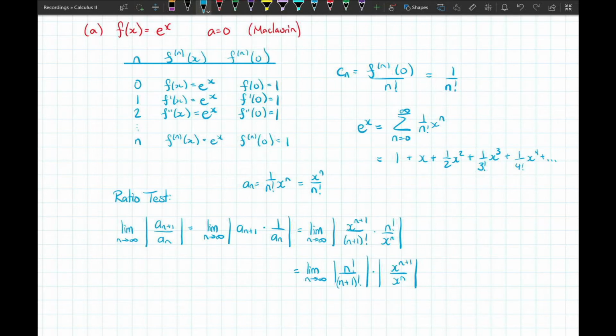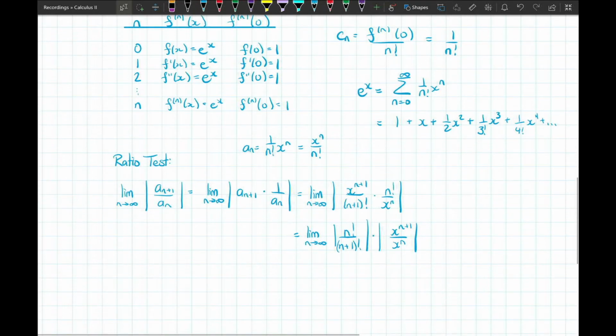Now, we've used this ratio test a few times in previous videos, so you'll probably be familiar with this strategy of coming up with common factors, separating the fraction out, and applying the absolute value to each of those separate fractional expressions. The first one is only involving n, and since n is greater than or equal to 0, this is always positive, and we'll get rid of that absolute value. And we can split that n plus 1 factorial up in the denominator. That gives us n factorial over n plus 1 times n factorial, and we can cancel n factorials out and leave a 1 in the numerator.